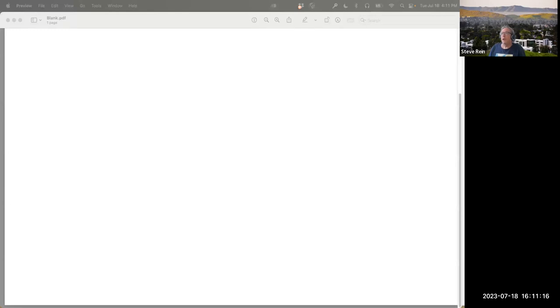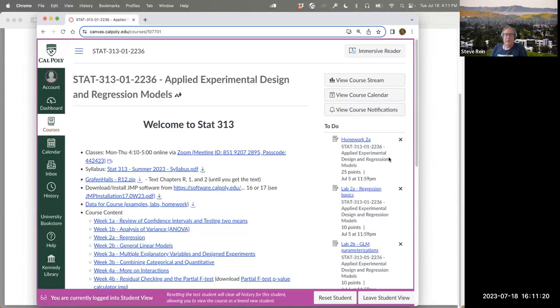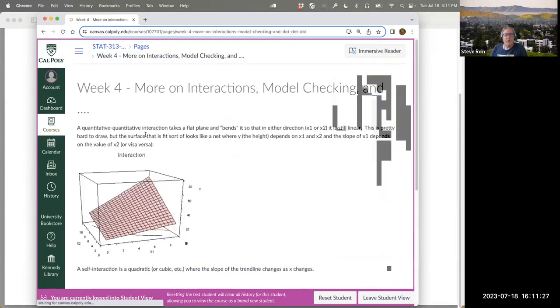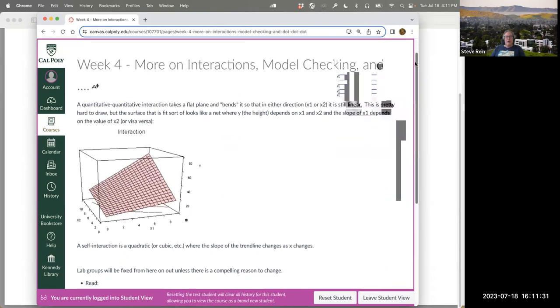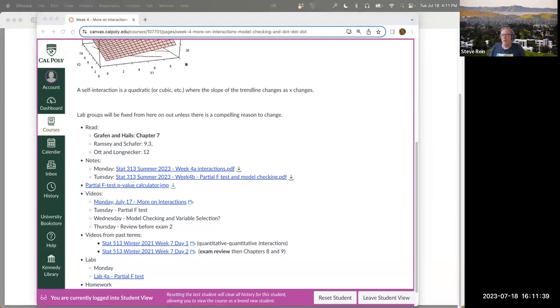So showing you something, and let's just do student view so it looks closer to what you might be looking at normally. If I look into week 4 here, I seem to be changing up some of what we're doing in week 4 in minor ways because of the speed that we are going through the material.